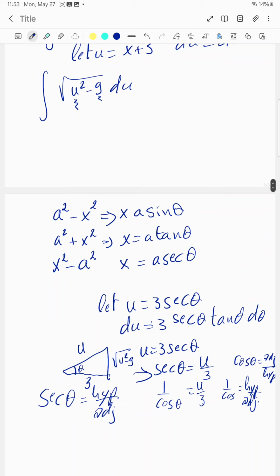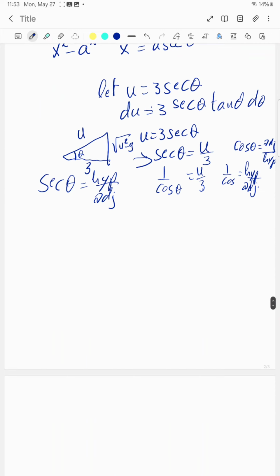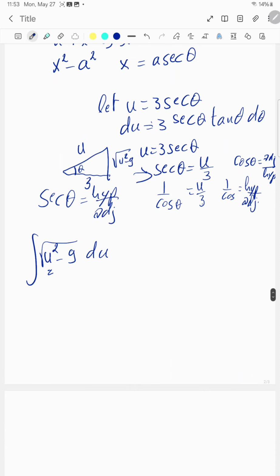I was doing the integral of the square root of u squared minus 9 du. So now I will replace u by its value, which is here. So it becomes the integral of the square root of 9 sec squared of theta minus 9, because 3 squared is 9. All that I did is I put this to the power of 2.